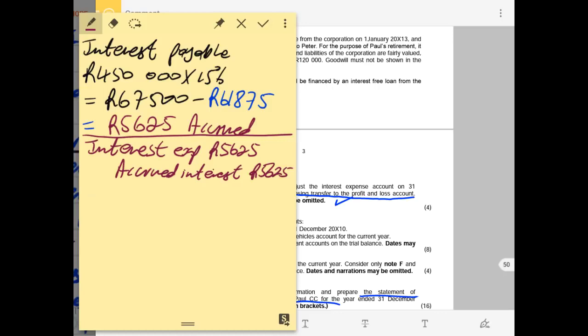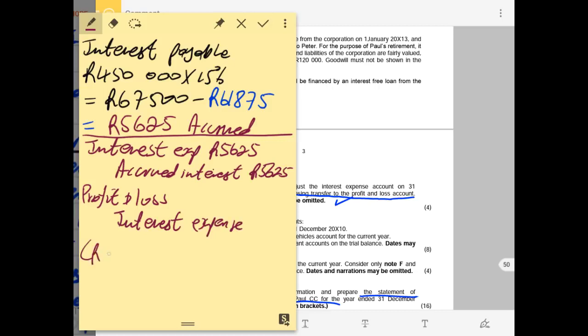Then after we do a closing transfer, in the closing transfer, we have to debit our profit and loss, because we are closing off the interest expense. We debit profit and loss, and we credit interest expense, because we are closing or writing it off.